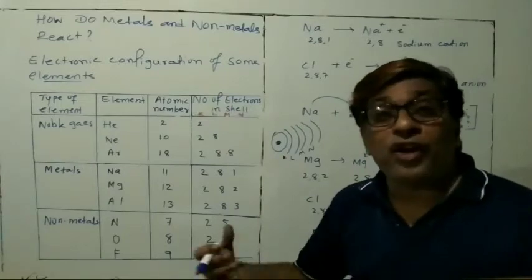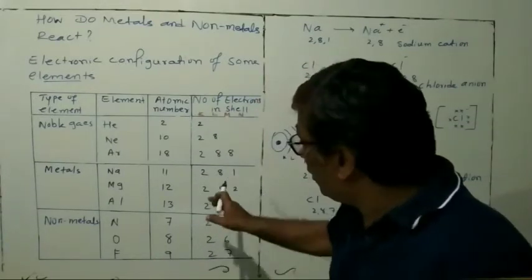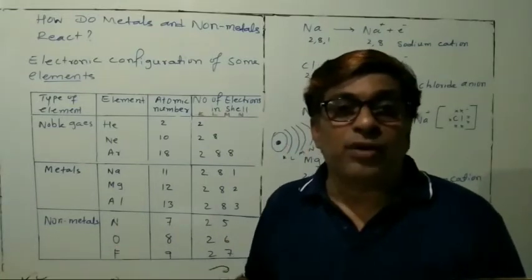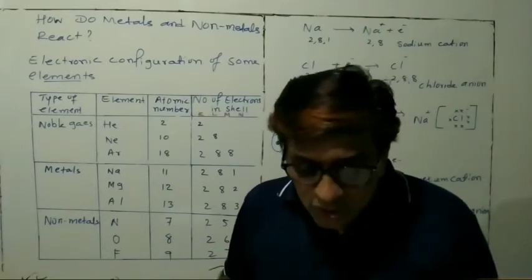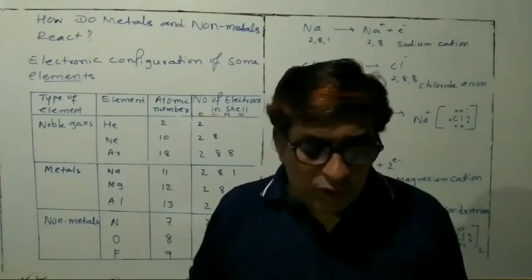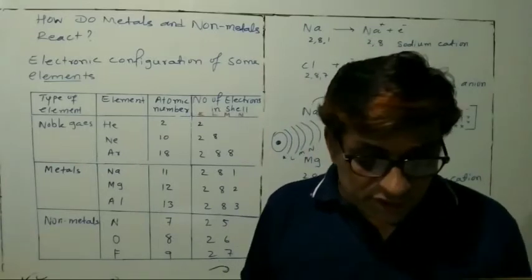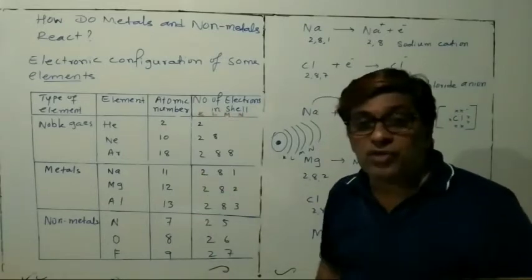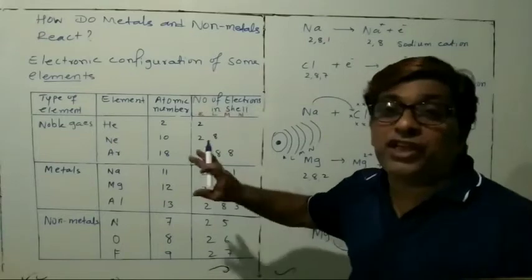That is why they are more reactive, dear students. Why? Because they are not stable; their outermost orbit is not fully satisfied. Those whose outermost electronic configuration is 1, 2, 3 have to lose their electrons.